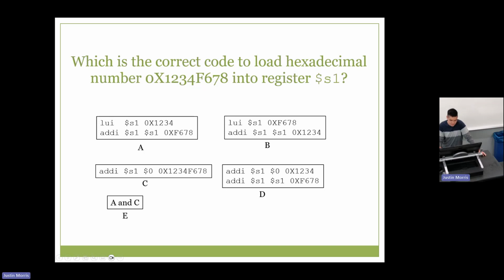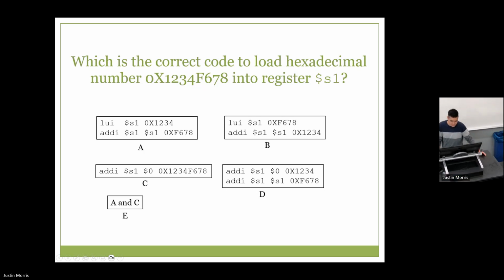And then the load upper immediate here, we already know this doesn't work. We're putting the wrong bits in the upper. And then add immediate here, what's wrong with it? The immediate is too big. We can only support 16 bits here. This doesn't work. So let's see this: add immediate S1, 0. This one is actually a positive number, so it doesn't get sign extended.